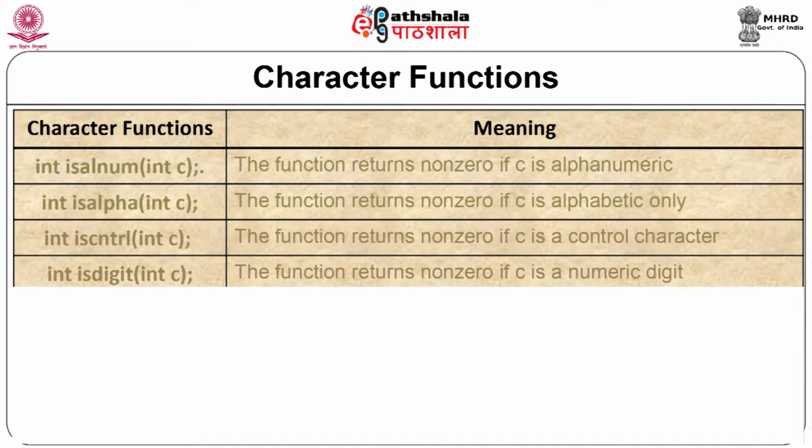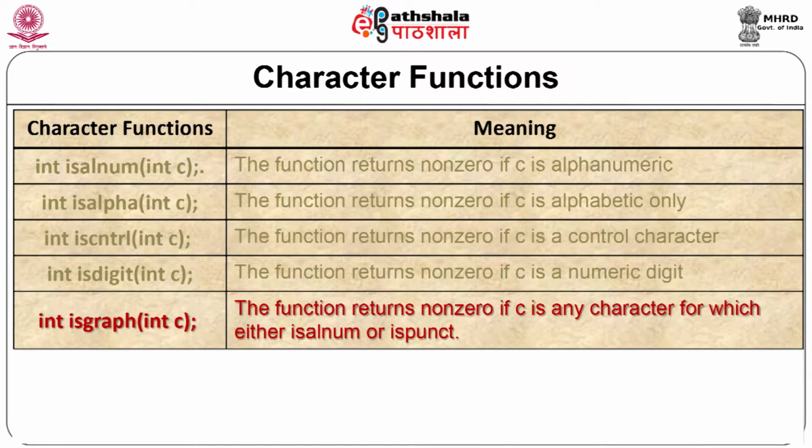The next character function is isgraph. This function is used for testing a character. The function returns a non-zero value if c is any character for which either isalnum or ispunct is true.